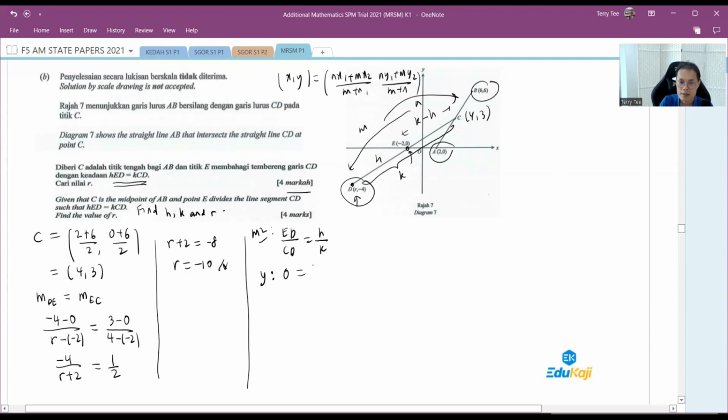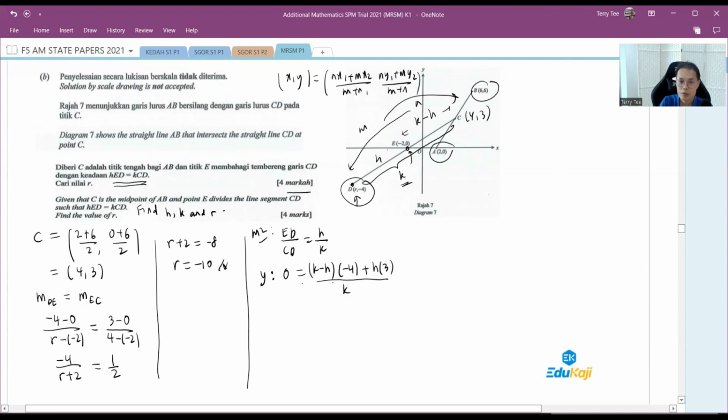My N is K minus H, and I multiply with the opposite Y coordinate, negative 4. Then I take my H and multiply with the opposite Y coordinate, which is 3. Then I divide by the total ratio, which you don't have to count, because these two added together give the total length K. You can take H plus K minus H, you still get K.